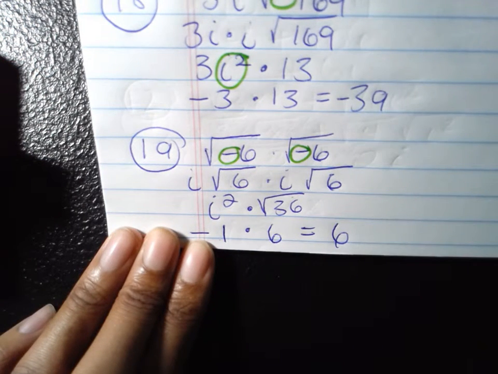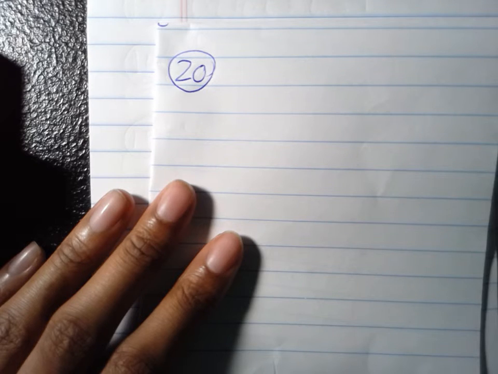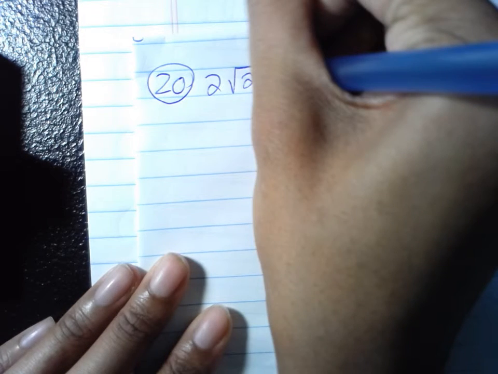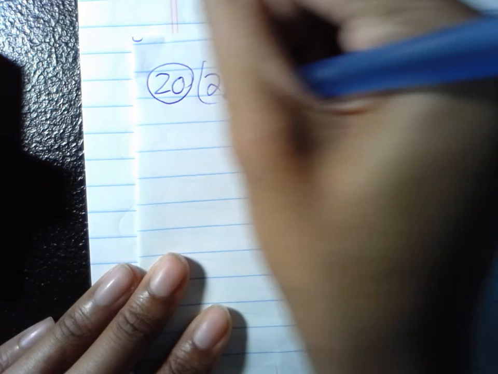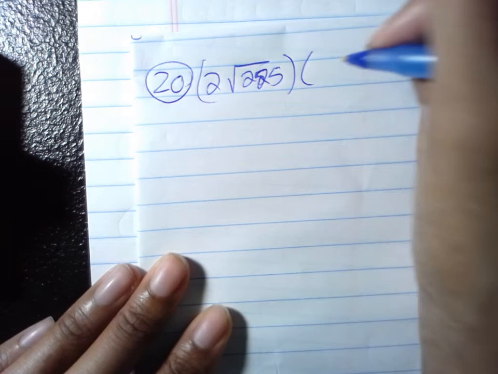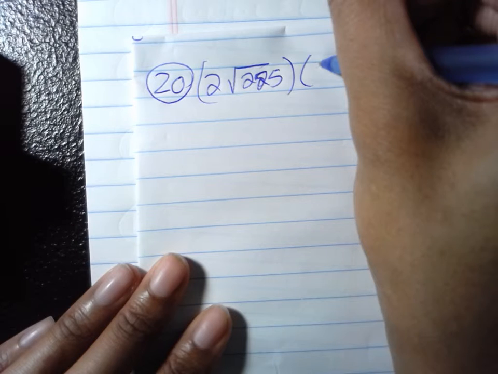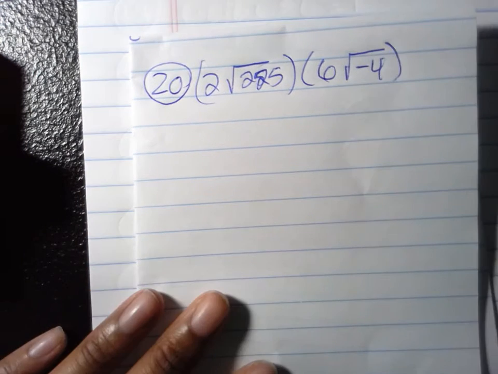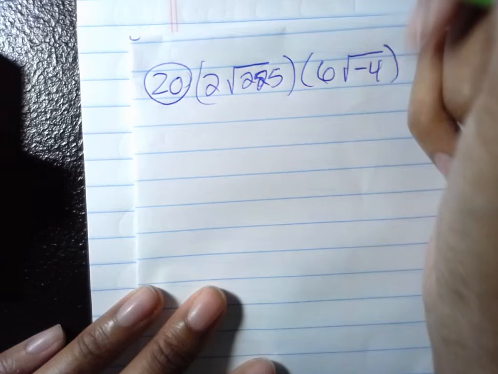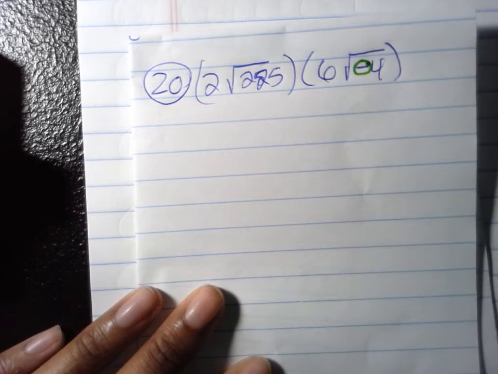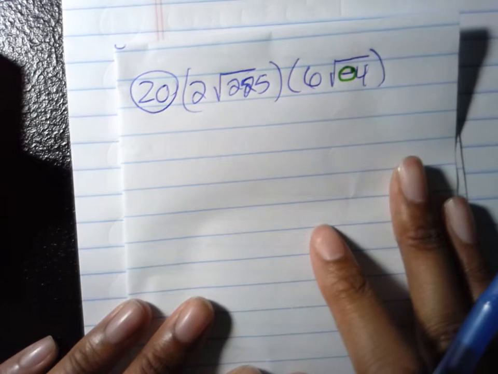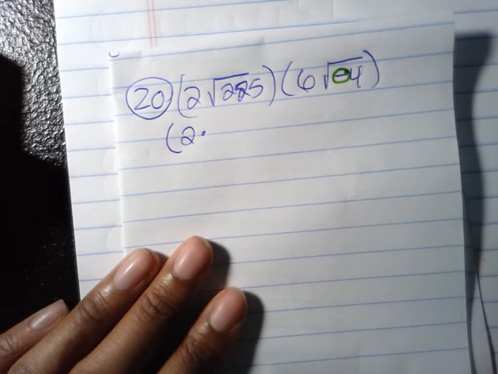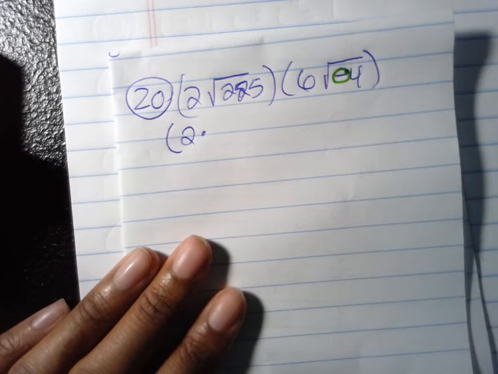All right, number 20. We have 2 square root of 225 times 6 times square root of negative 4. All right, so I'm going to look for any negatives in my square root. Oh, yes I do. I have one. All right, let's break this down. So I have 2 times square root of 225 is 15.